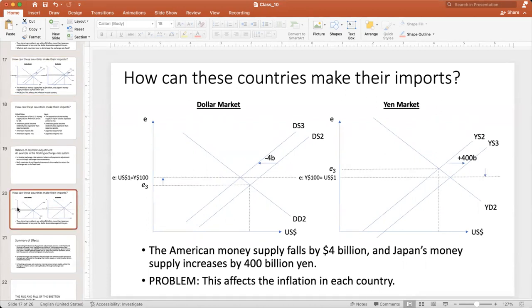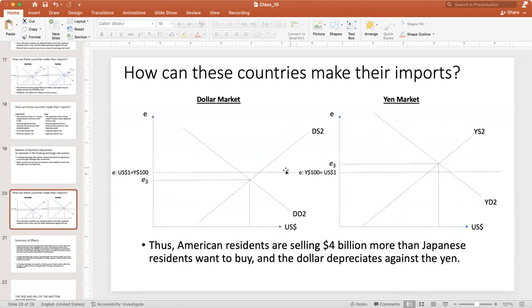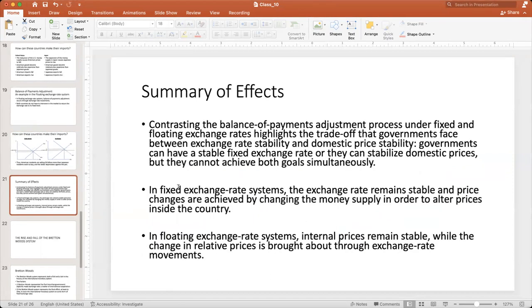rate. However, if we are in a floating exchange rate system, given that we are not thinking about the fixed exchange rate, we are not constrained by that. We let the exchange rate float, because we are more concerned about controlling the prices. So we don't want to increase the inflation or create deflation in our economy because of the volatility of the foreign exchange market.